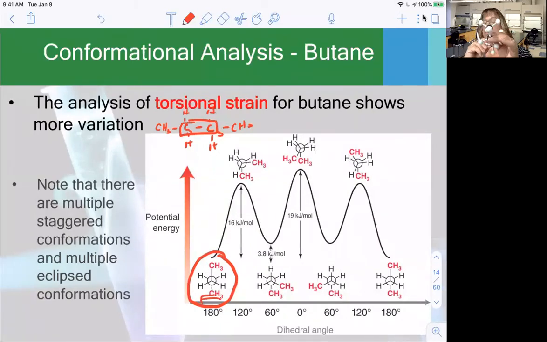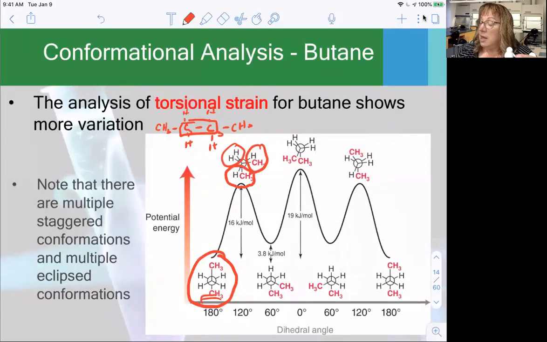Now I'm going to rotate the front by 60 degrees, and now I have the eclipse: methyl-hydrogen, methyl-hydrogen, hydrogen-hydrogen. I have 2 of the larger interactions, and then 1 of the smaller hydrogen-hydrogen interaction.